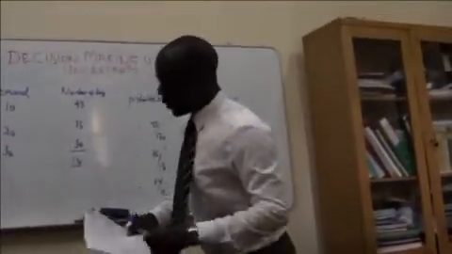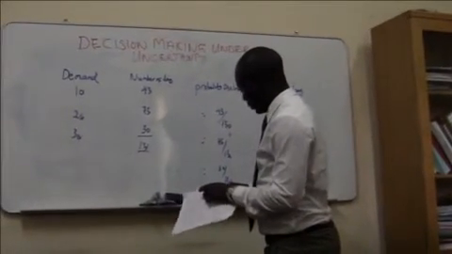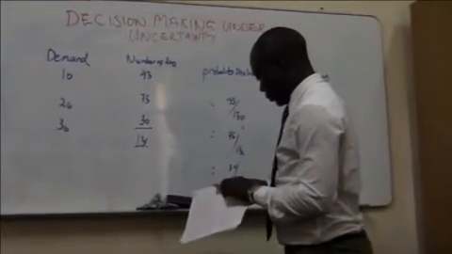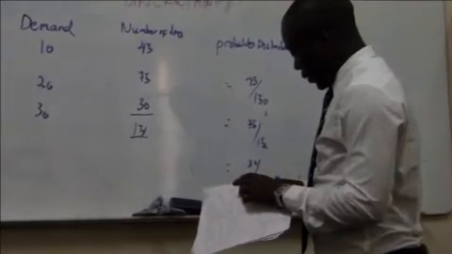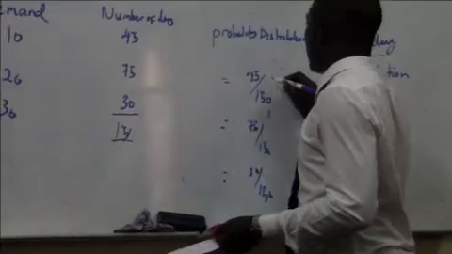Just grab my calculator over here. 45 divided by 150 will give me 0.3.